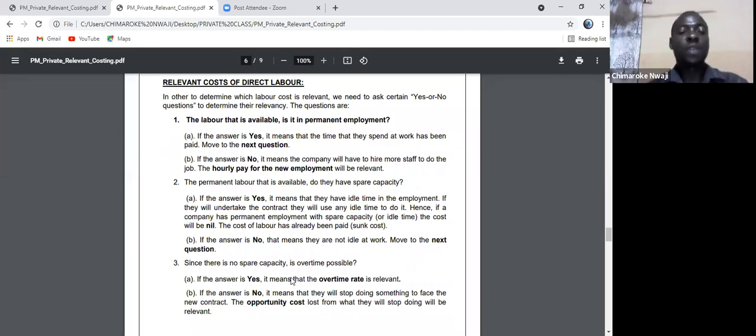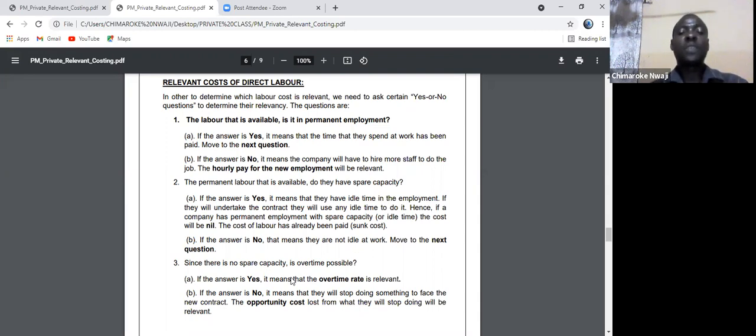The first question to ask is: the labor that is available, is it in permanent employment? If the answer is yes, that the workforce is in permanent employment, you will move to the next question.